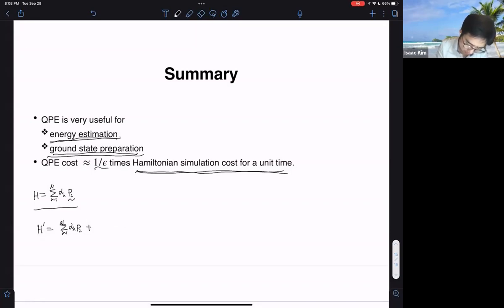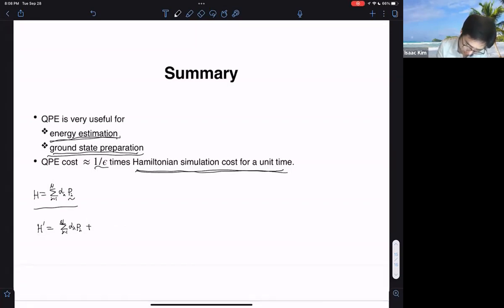Then what people actually do is something like this: they shift the energy and renormalize in this way. So this newly defined Hamiltonian H prime has eigenvalues related to the original one by this shift and this renormalization factor.